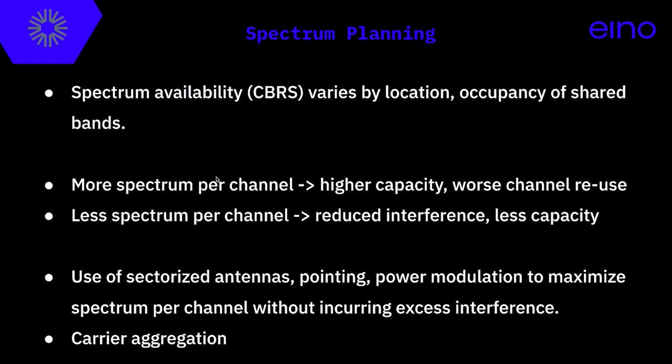But when we talk about SINR and interference, we need to talk about spectrum allocation and spectrum planning as well. So when we talk about CBRS, which is this 350 megahertz, you do not have access to all of it all the time. You cannot just openly use that. Depending on who else has used this, you might end up having only 20 megahertz or 40 megahertz. If you only have one sector, one radio, you could just put as much bandwidth as you want.